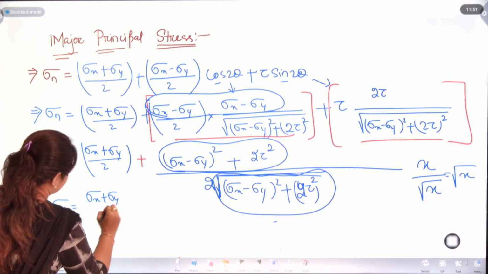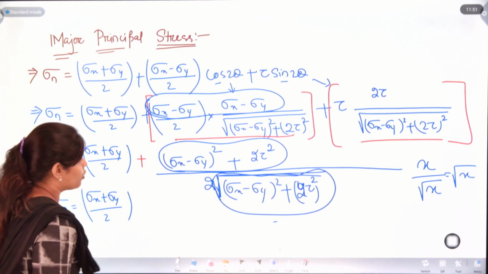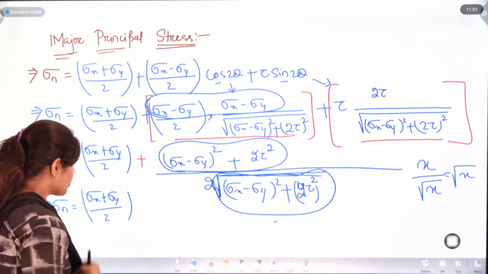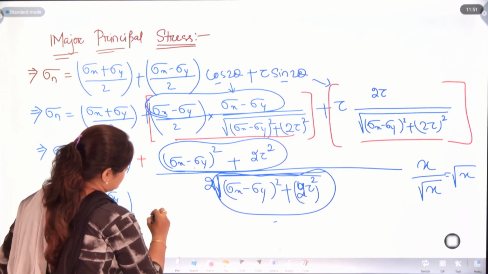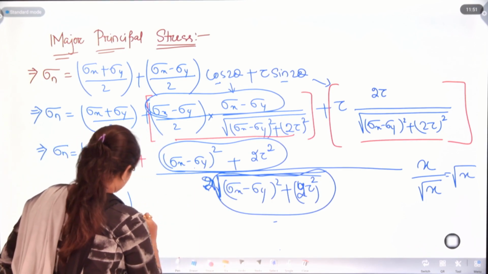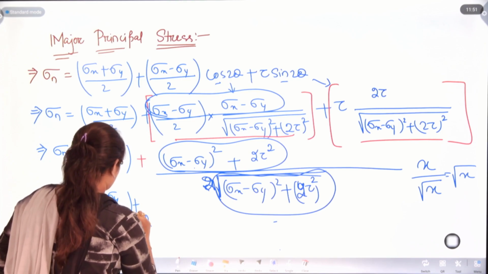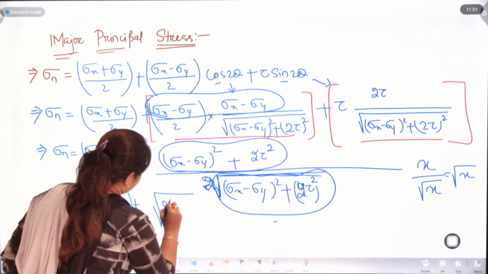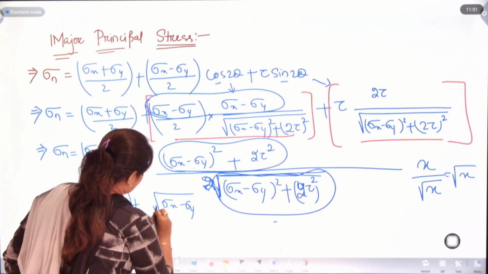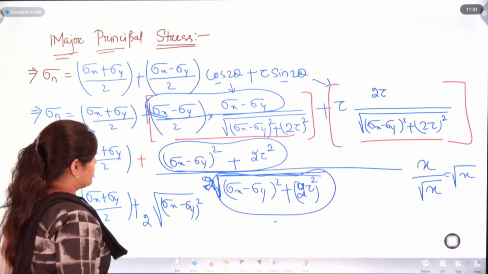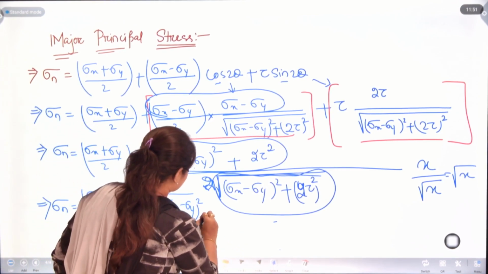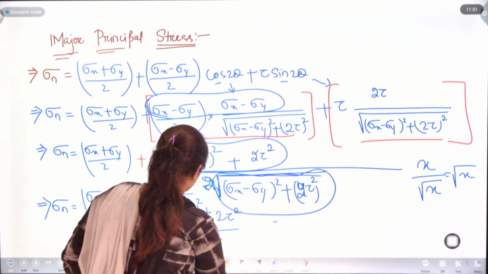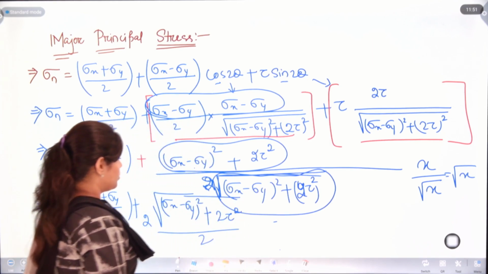Right or wrong? No big issue. So, these two we will take inside, plus root over of sigma x minus sigma y square plus 2 tau square upon 2.